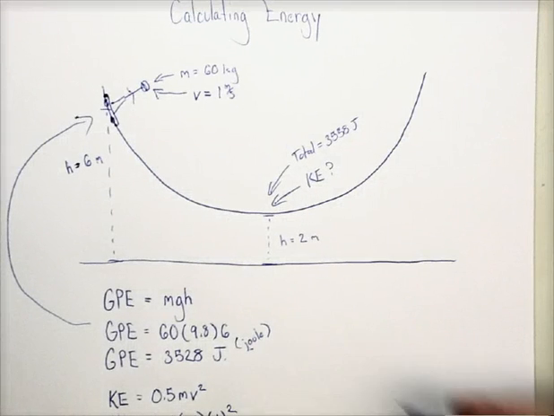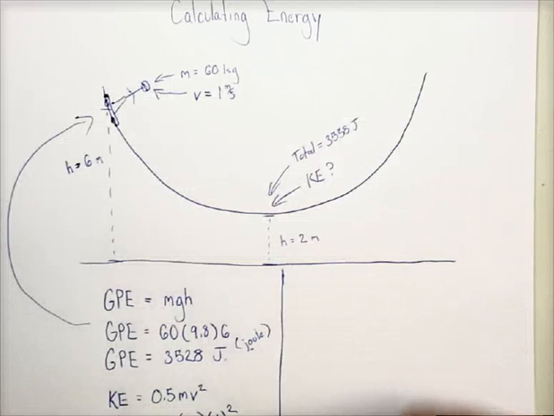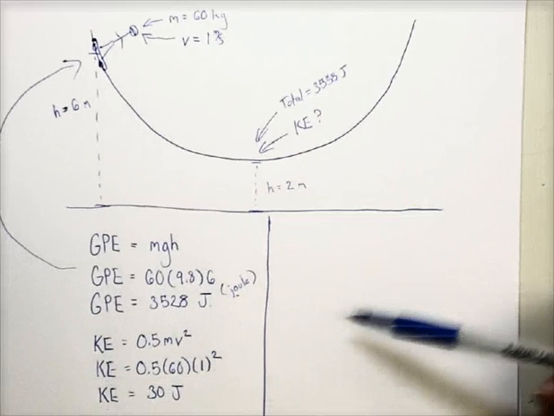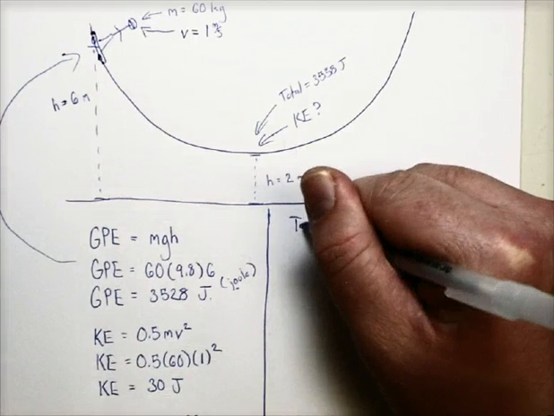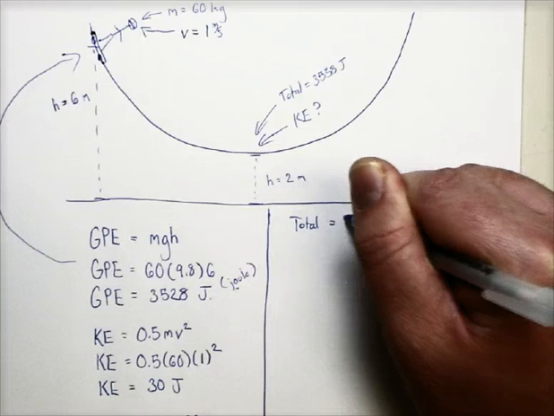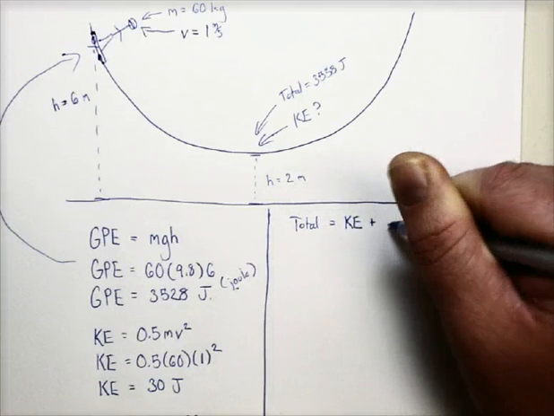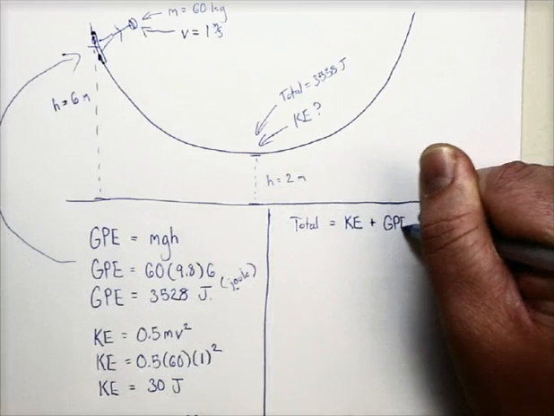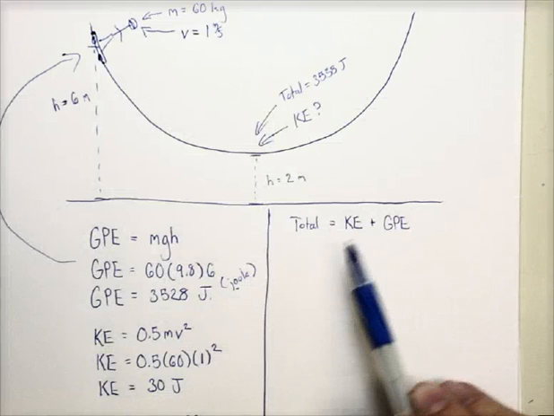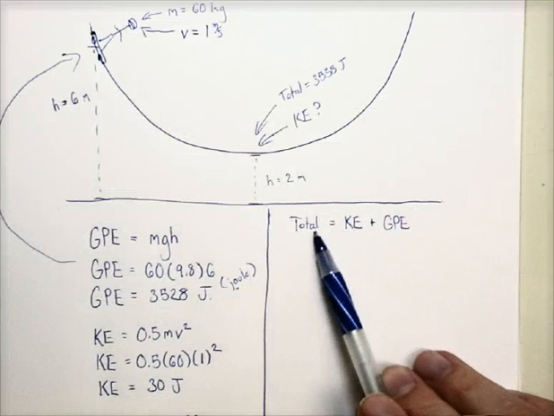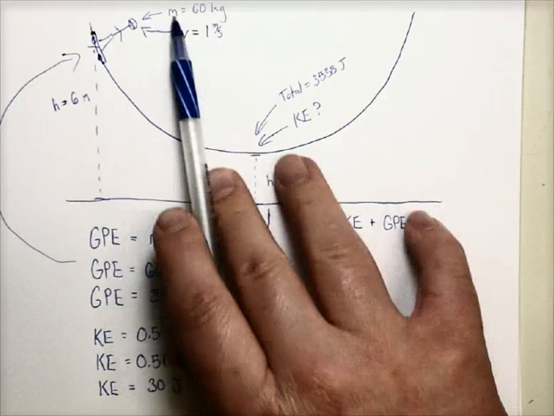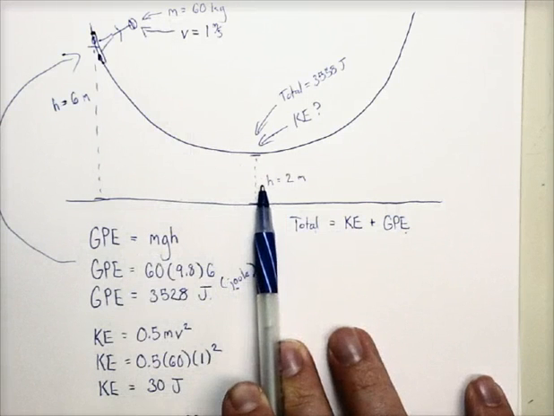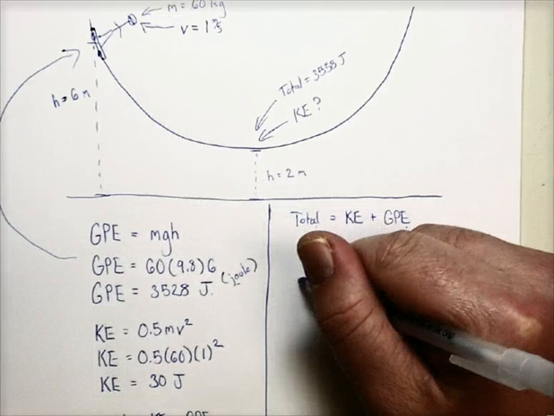So what I'm going to do is work over here, this new problem of finding the kinetic energy there. So I know that the total amount of energy is equal to the kinetic energy plus the gravitational potential energy. I want to know what the kinetic energy is. I know the total. If I just knew how much gravitational potential energy there was, I could figure this out. Well, I have his mass, I have his height above the ground at that point, I can figure this out.